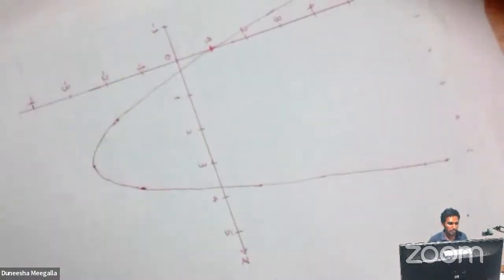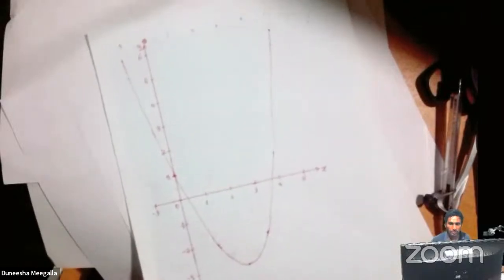Did you draw the graph like this? Yes, sir. Okay.